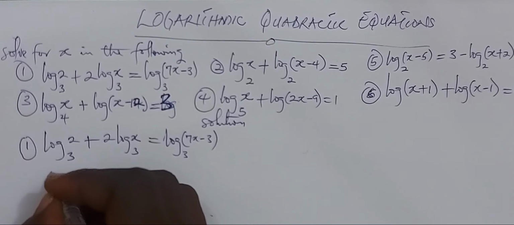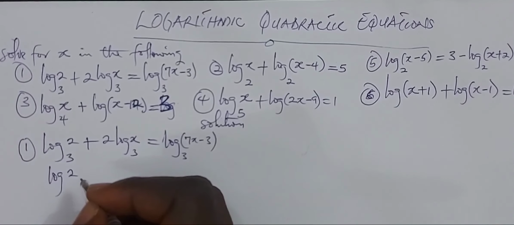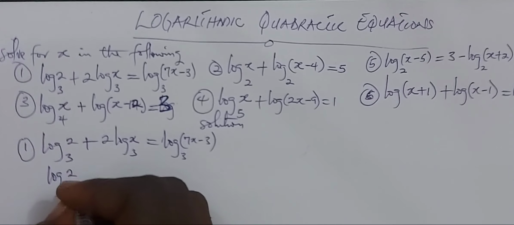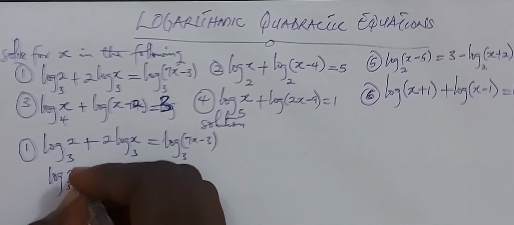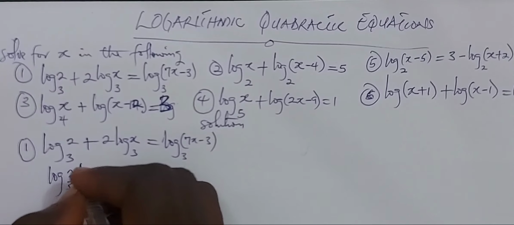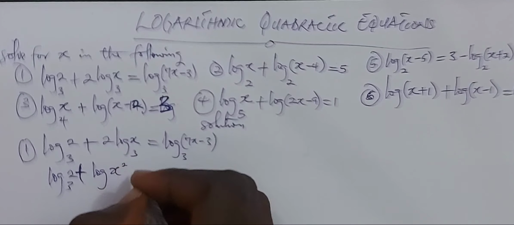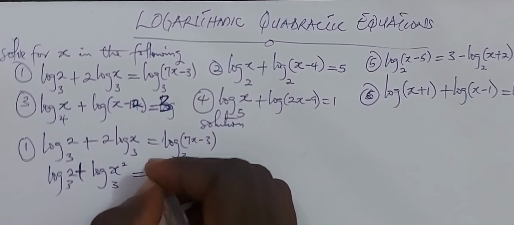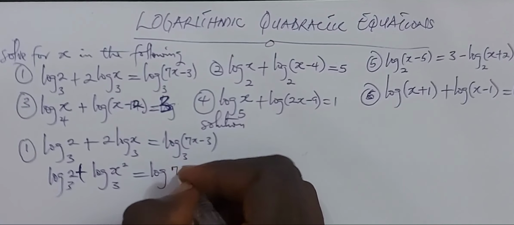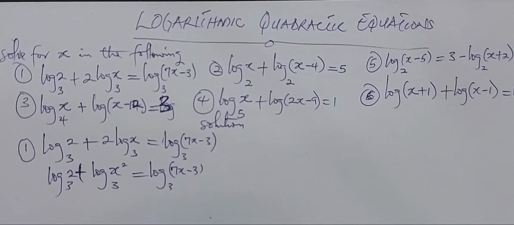So we do it right away: log 2 to base 3 times log x raised to the power of 2 to base 3 equals log (7x minus 3) to base 3. Still write the same thing.